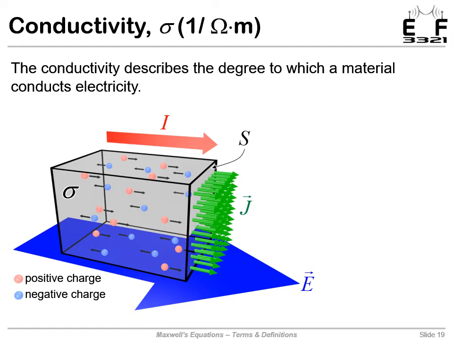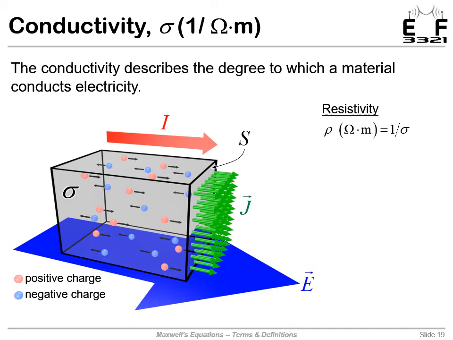For whatever reason, we determined that current will be in the direction of the motion of the positive charges. So in this configuration, our electric current density will be in the same direction as the electric field. And also our total current we think of as being in the direction of the total electric field. But this all starts with the conductivity.